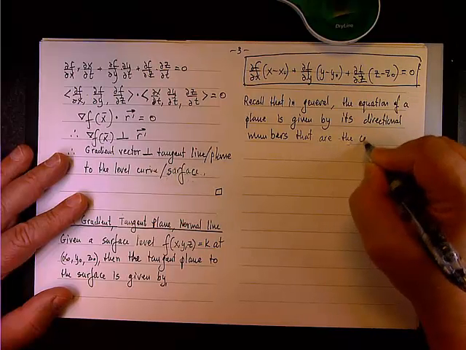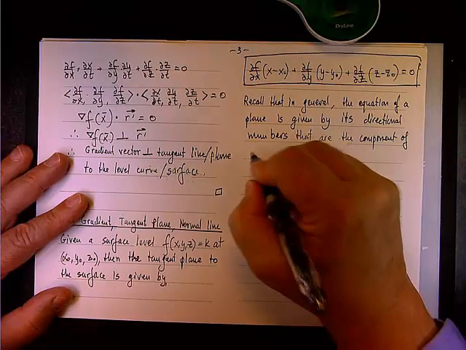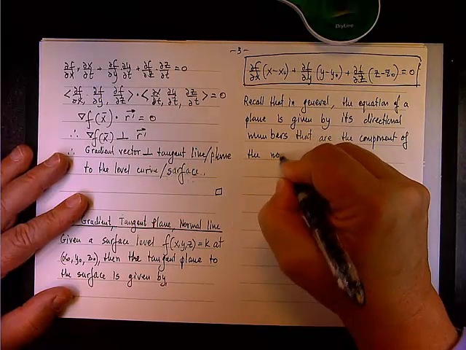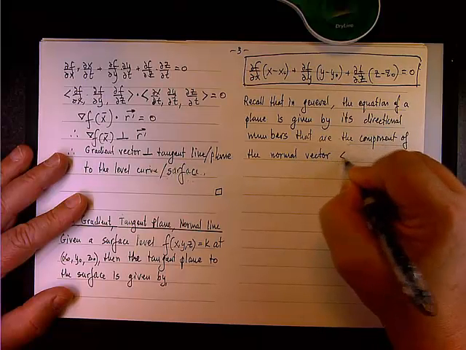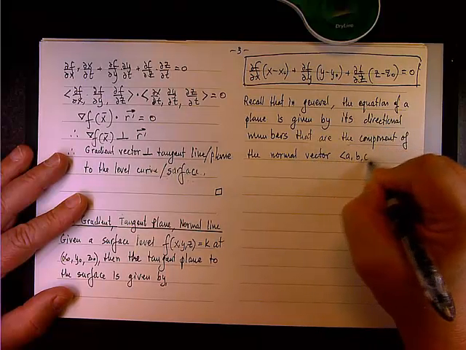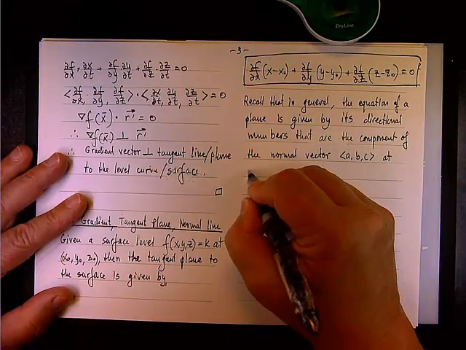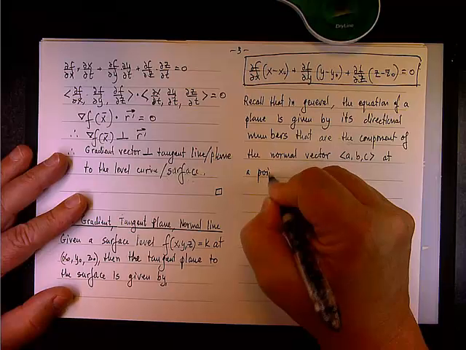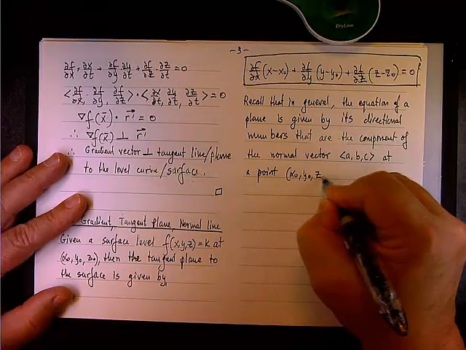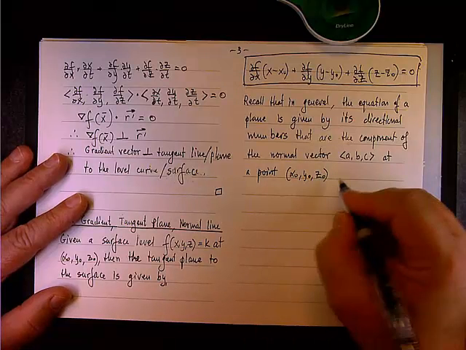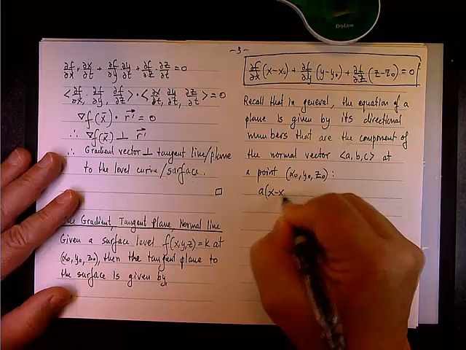Direction numbers that are the components of the normal vector A, B, C at a point x sub 0, y sub 0, z sub 0.